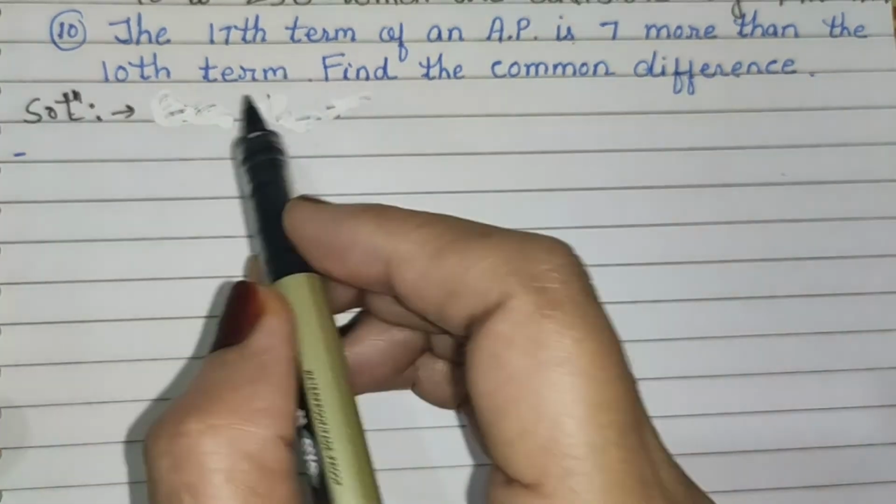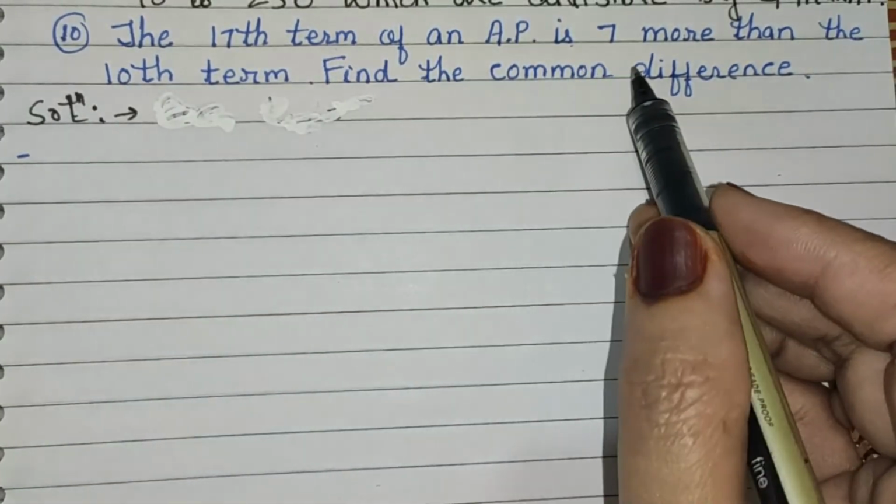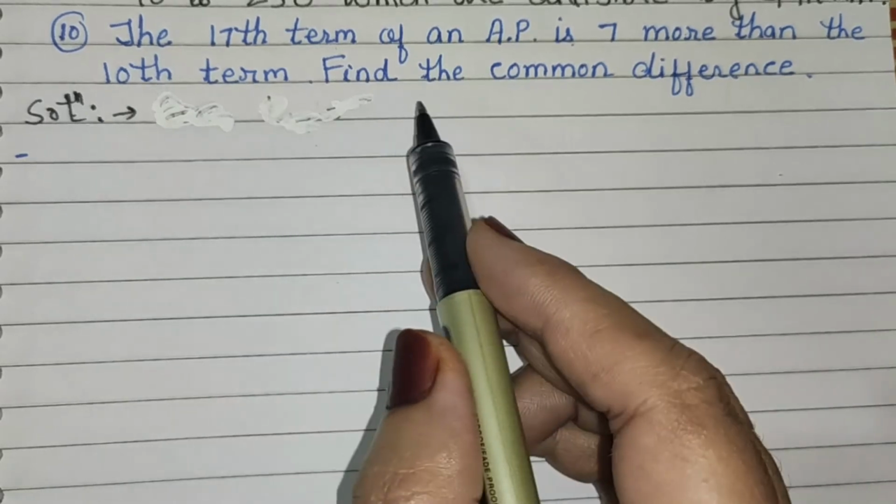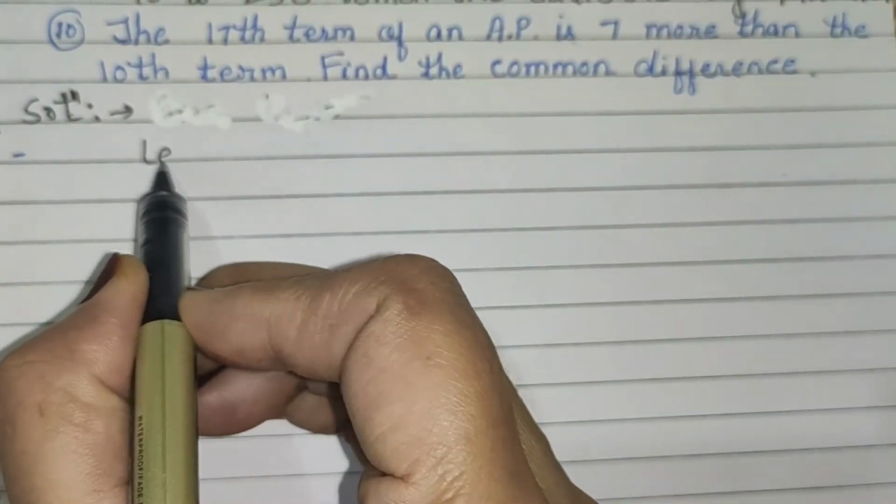Next question is, the 17th term of an AP is 7 more than the 10th term. Find the common difference. Let us consider.